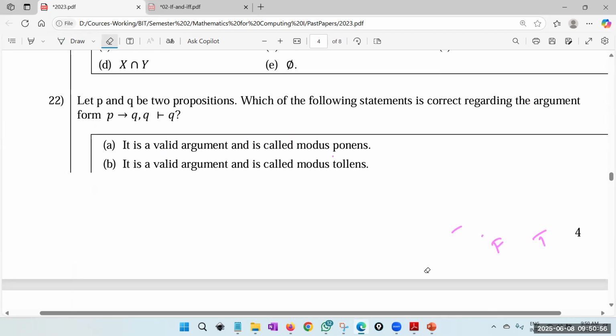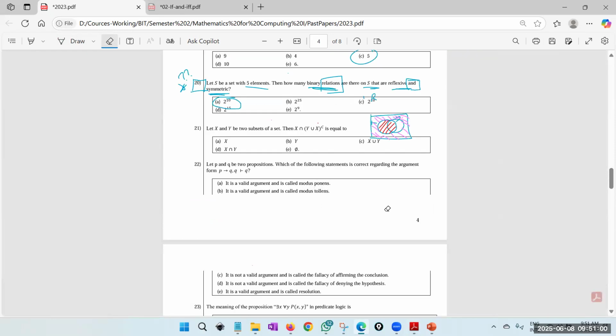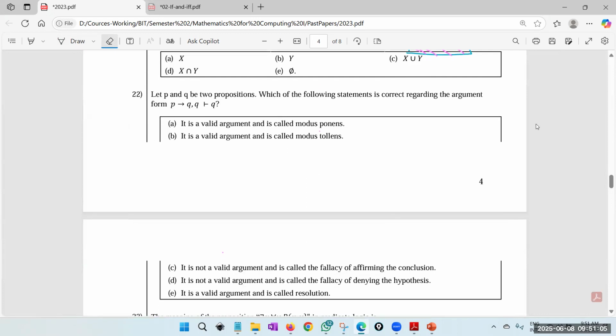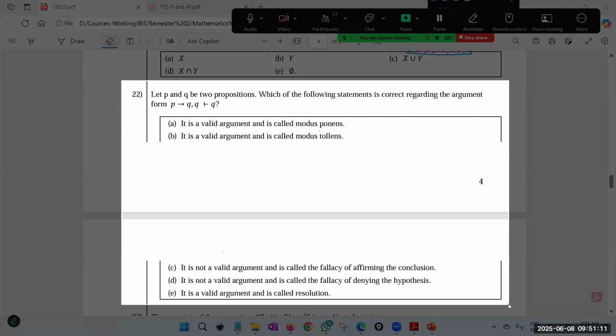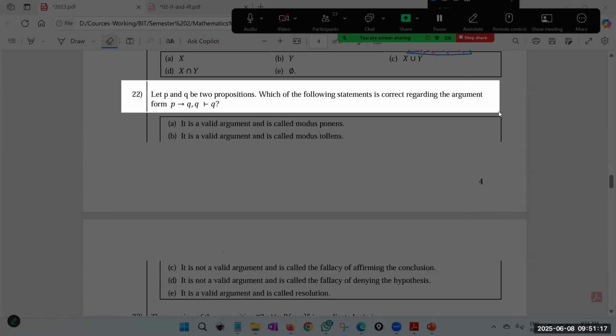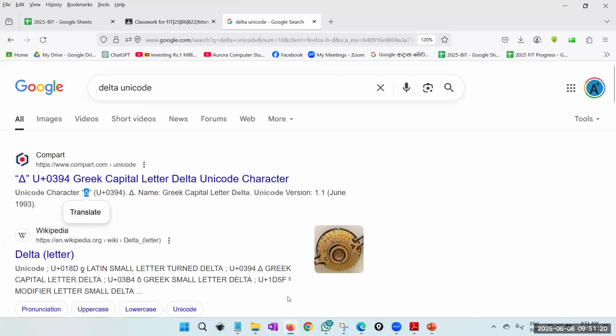Unfortunately, this is in two different pages. I will just ask, is it valid? Okay. That is my first concern.